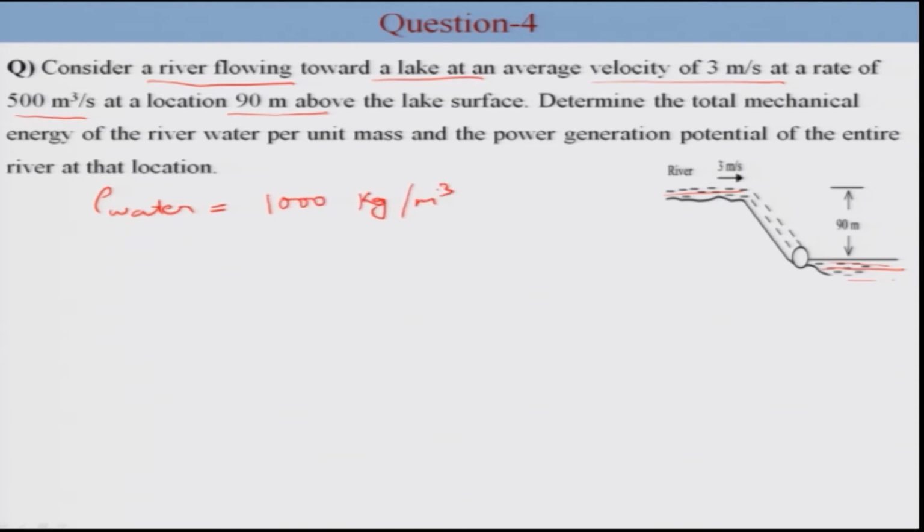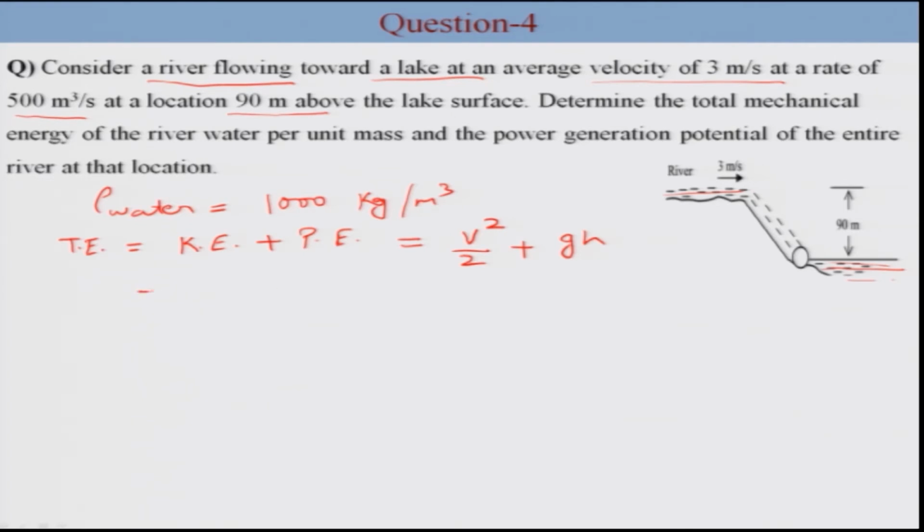The total energy of the water is the sum of kinetic energy per unit mass plus potential energy per unit mass. Kinetic energy per unit mass can be written as V square by 2 and potential energy as gh, where g is the acceleration due to gravity and h is the height.